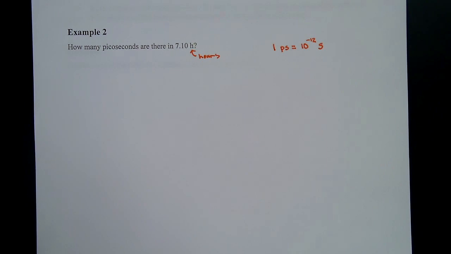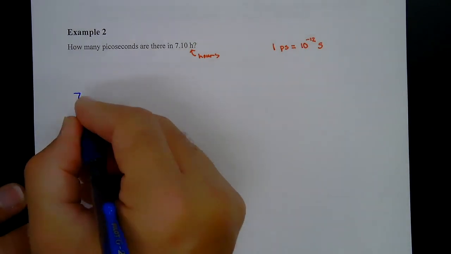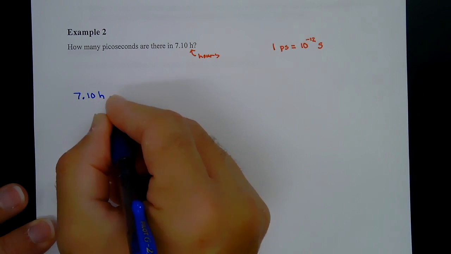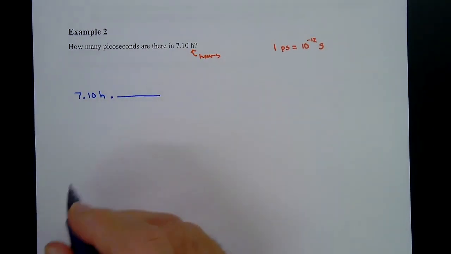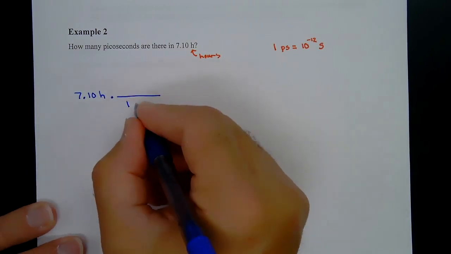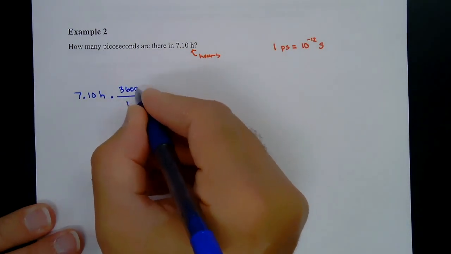All right, so here we go. We're going to start with the 7.10 hours. We're going to multiply to get seconds. And from the conversion sheet that I provided in Google Classroom, 1 hour is 3,600 seconds.